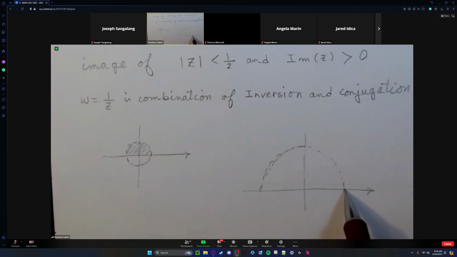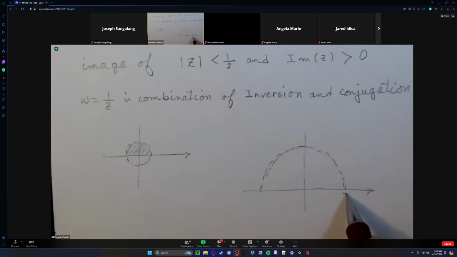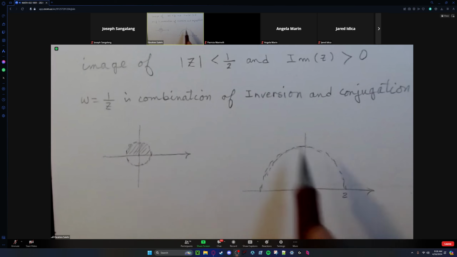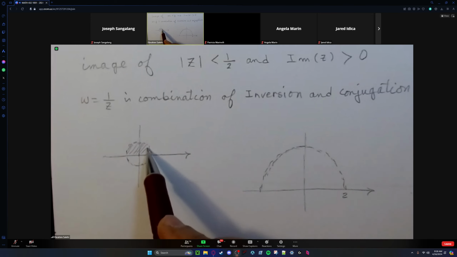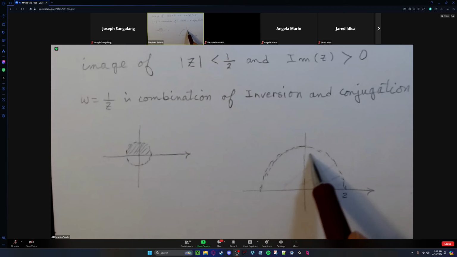So this is a circle of radius 2. Just the inversion does this, okay? Not conjugation.